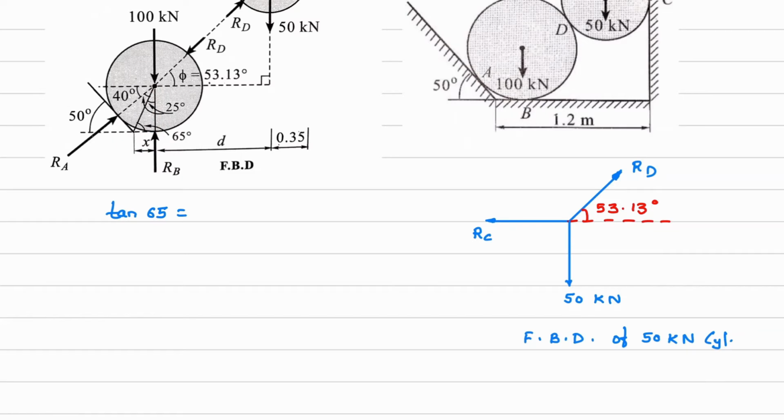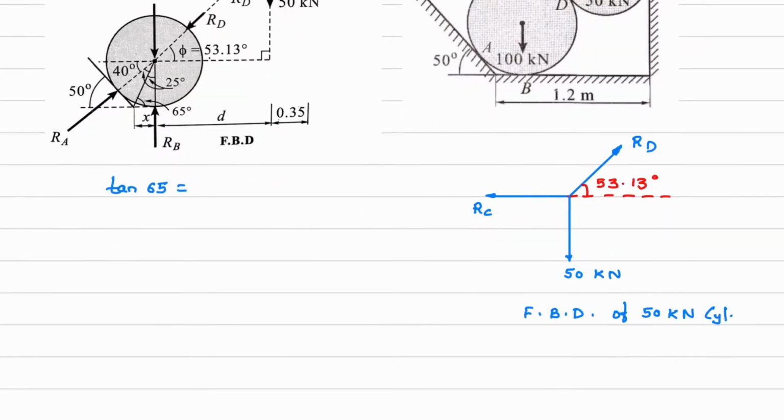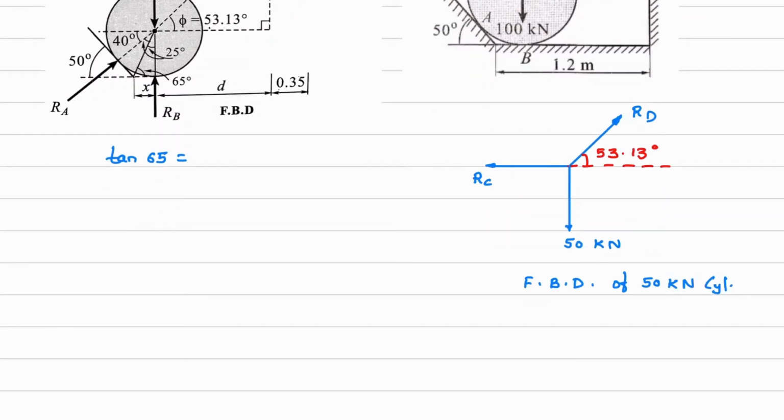Opposite side is the radius. Now what is the radius? Diameter is given as 1.2 meter, so radius is 0.6. So 0.6 divided by x. From here we can calculate x. x is equal to 0.28 meter. So we have calculated this x.